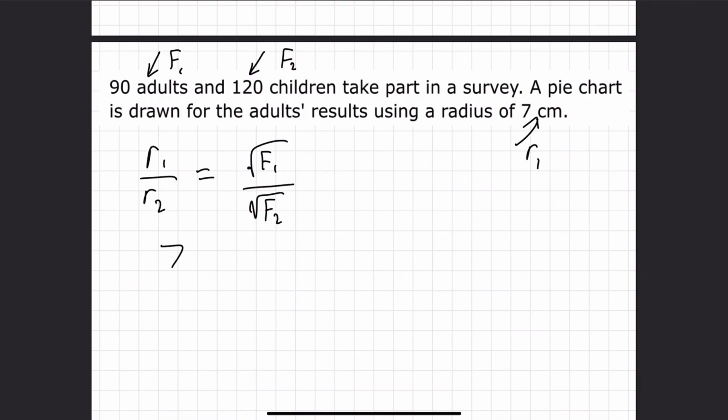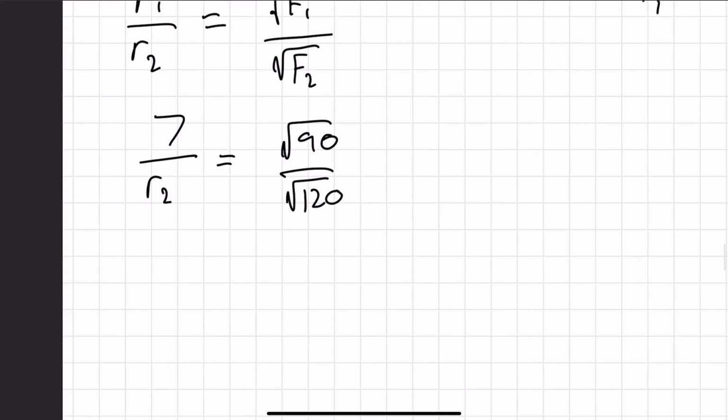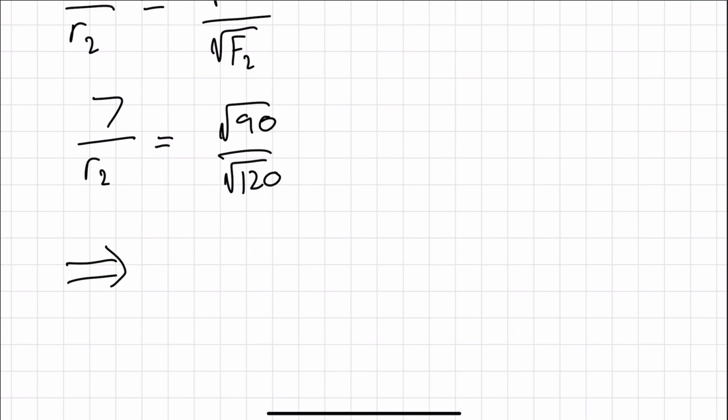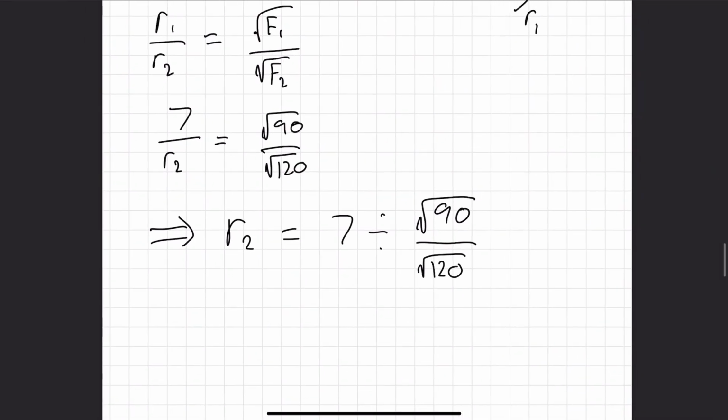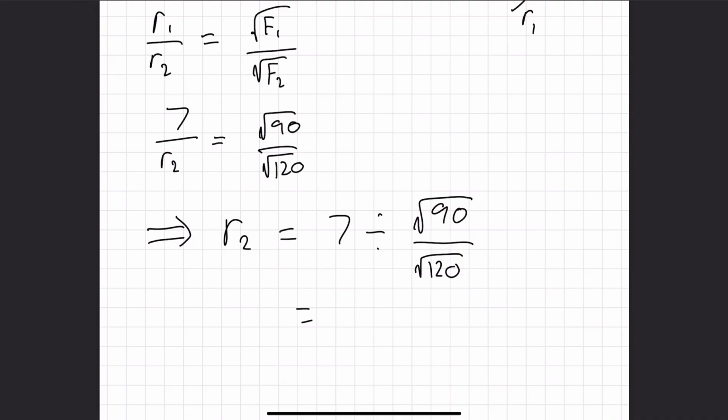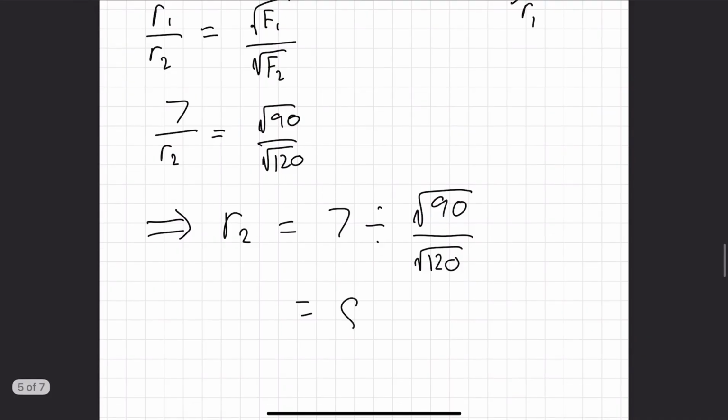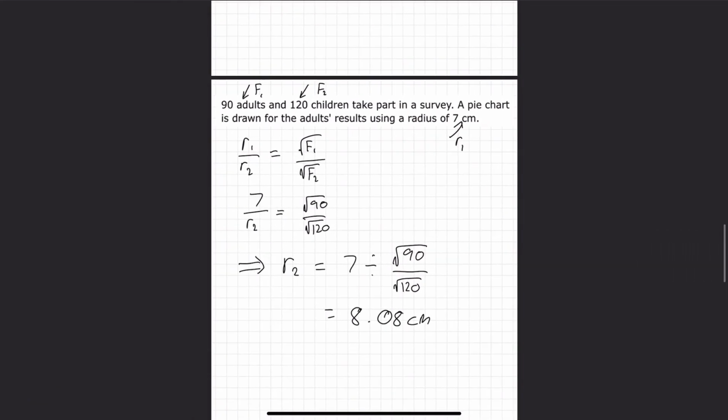Then you do the rearranging, so R2 equals 7 divided by the square root of 90 over the square root of 120. If I do that, I get 8.08 centimeters.